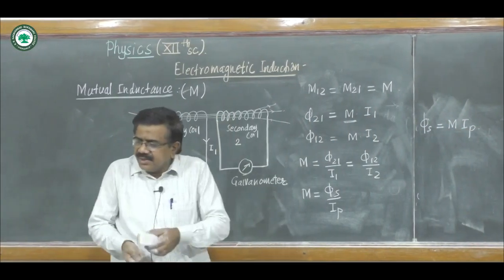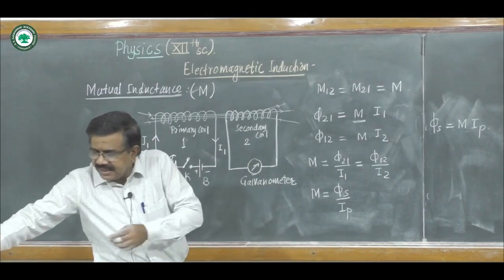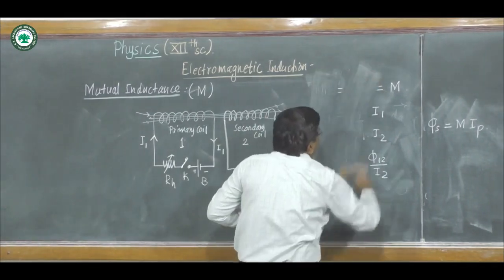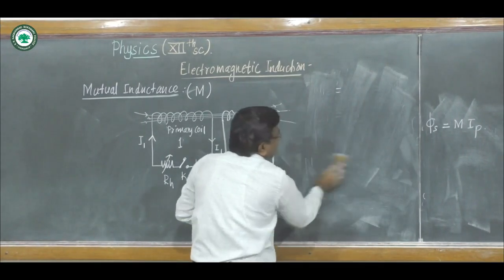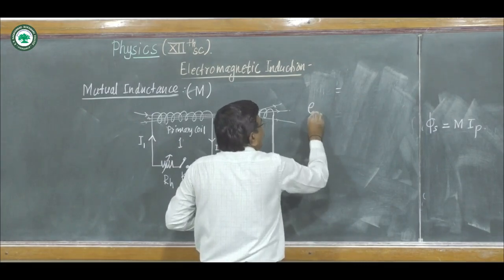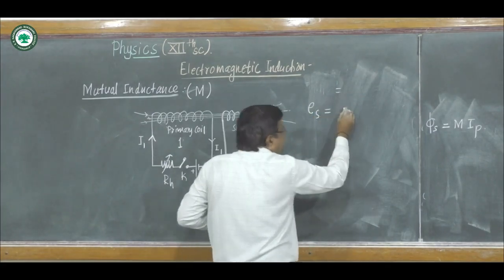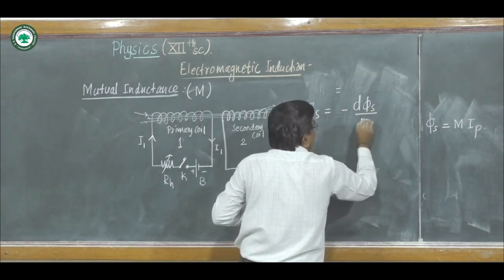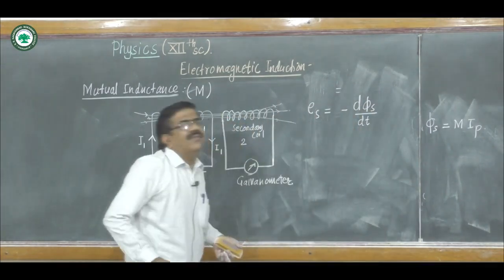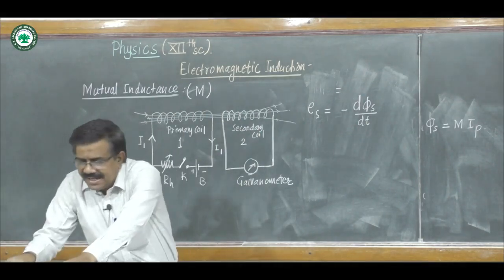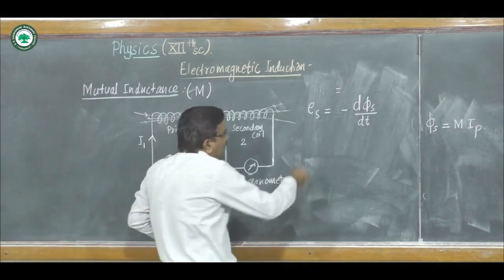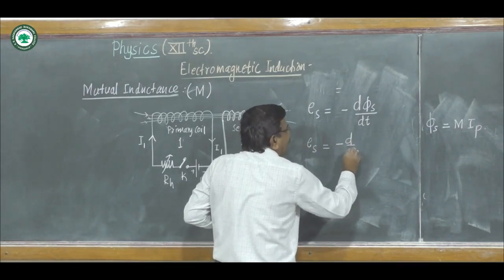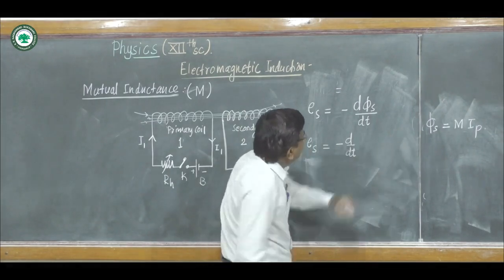Phi s is M into IP, and hence EMF induced in secondary, we call it as ES. We know that EMF is minus d phi s upon dt. So ES is minus d upon dt of M into IP.